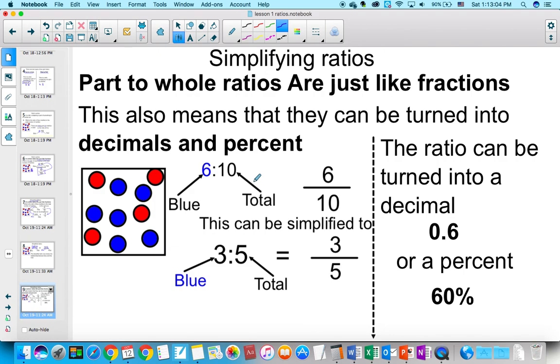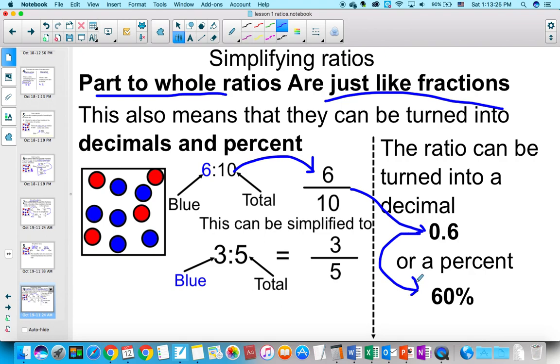Simplifying ratios is the same as simplifying fractions. And what that also means is because part to whole ratios are just like fractions, you can turn part to whole ratios into fractions. You can also turn them into decimals, and you can also turn them into percents.